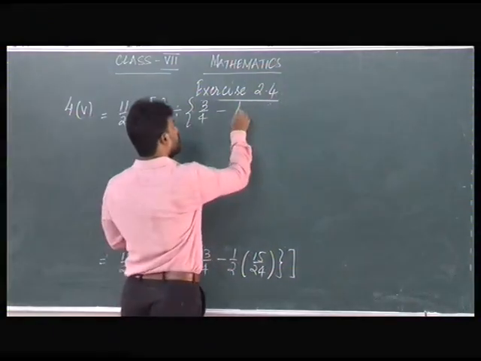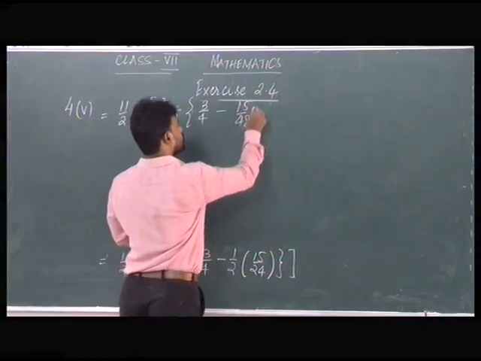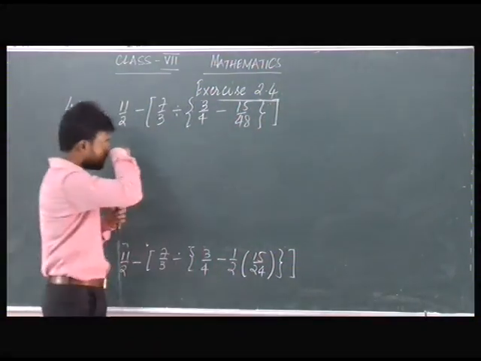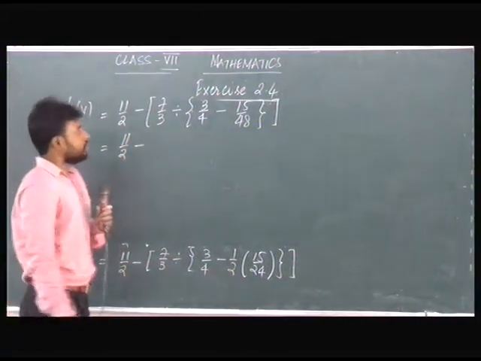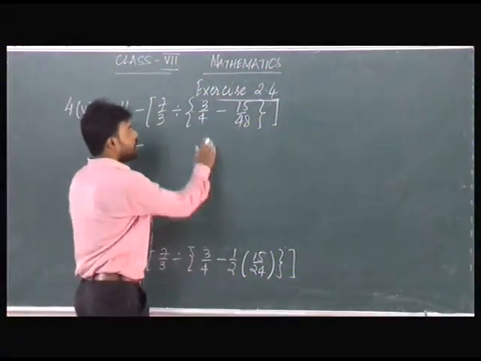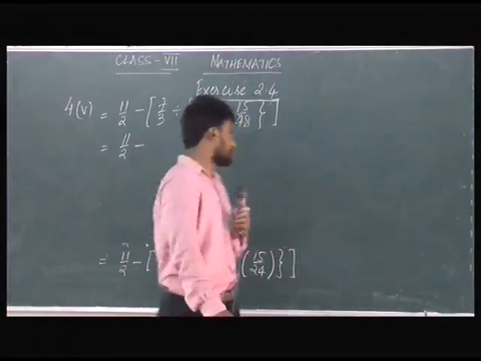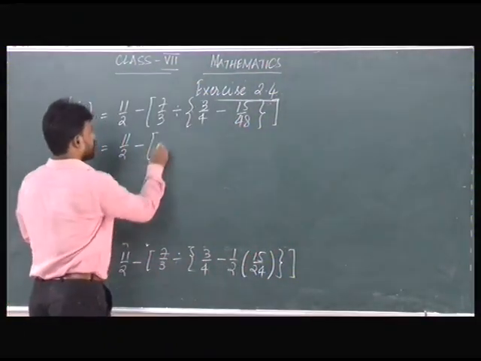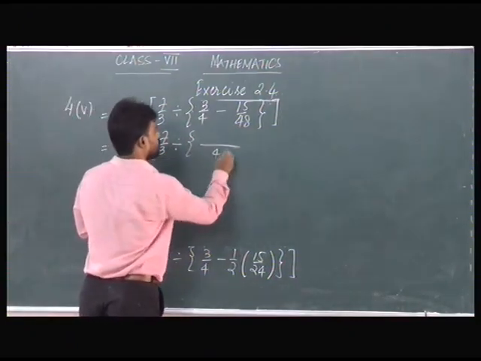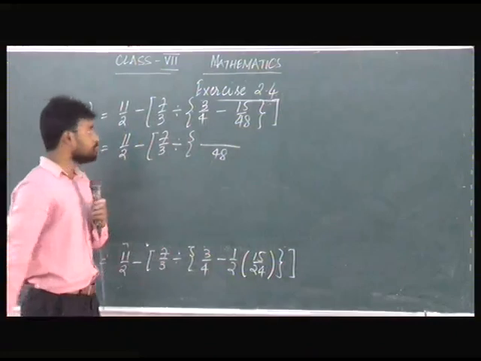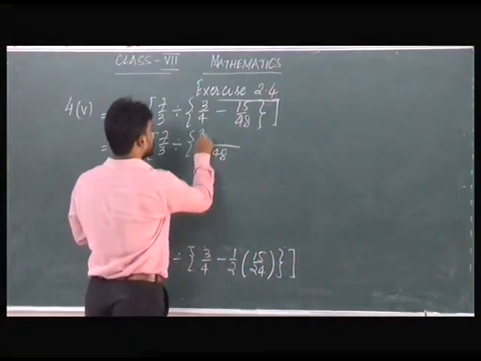So you'll get 15 by 48. Next, you'll solve what is there in the curly bracket. 4 will go 12 times. 12 threes are 36.